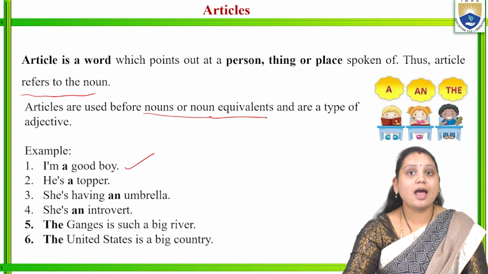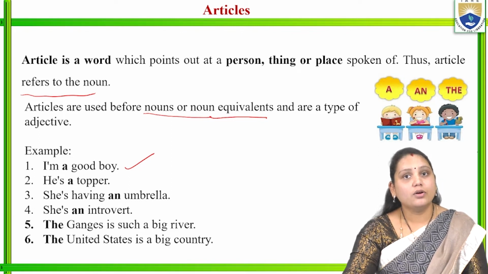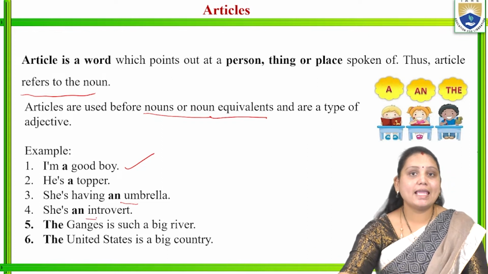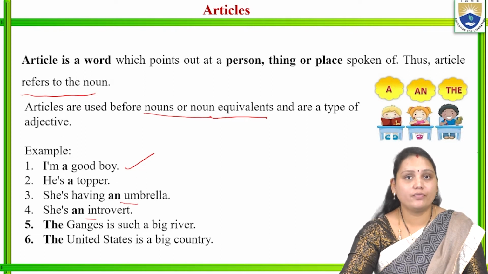She is having an umbrella. Next, she is an introvert. Here you can see these are vowels: A, E, I, O, U. And 'an' is used before vowel sounds. So, remember this. Next, the Ganges is such a big river.